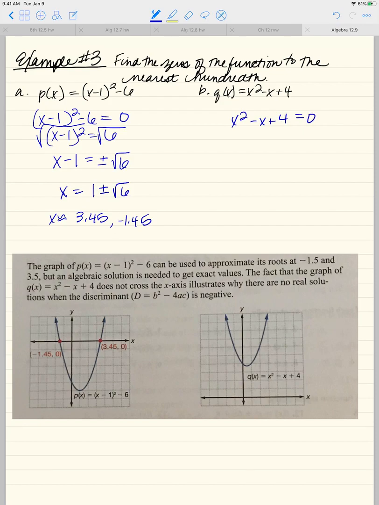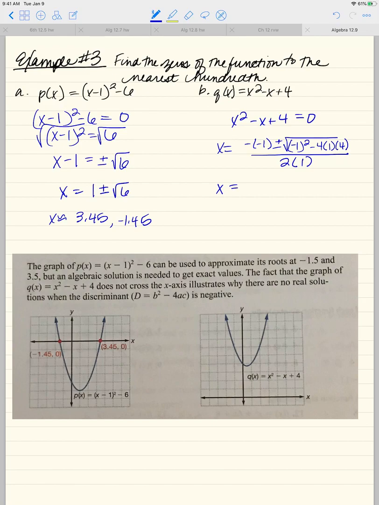In this case, we're going to use the quadratic formula to solve this one because it doesn't factor easily. x is equal to negative b, plus or minus the square root of b squared minus 4ac, so 4 times 1 times 4, all over 2a, so 2 times 1.